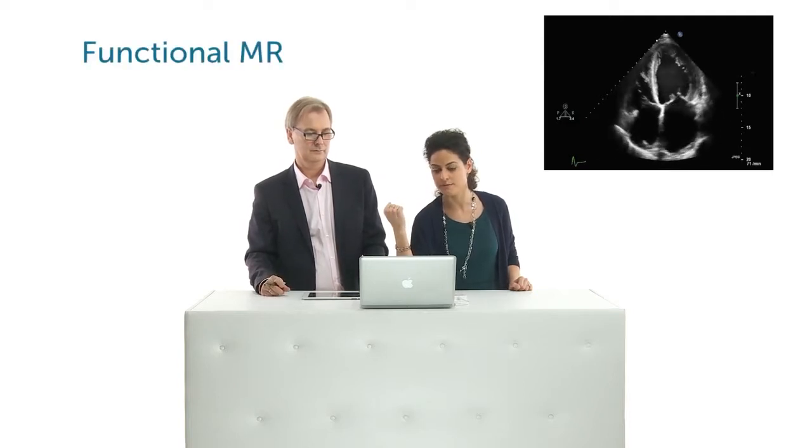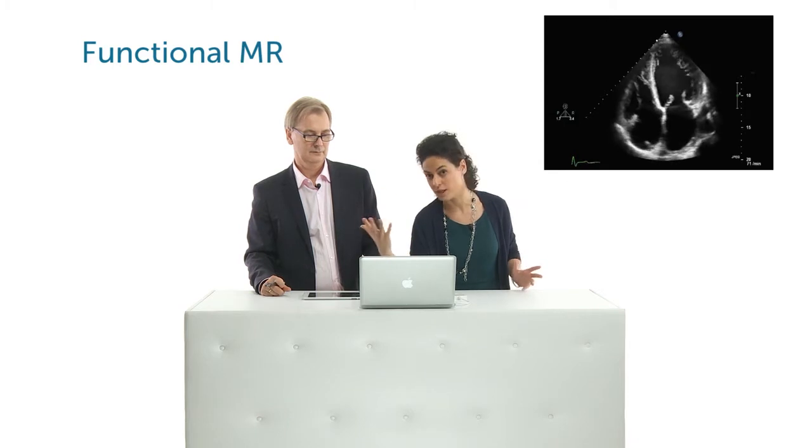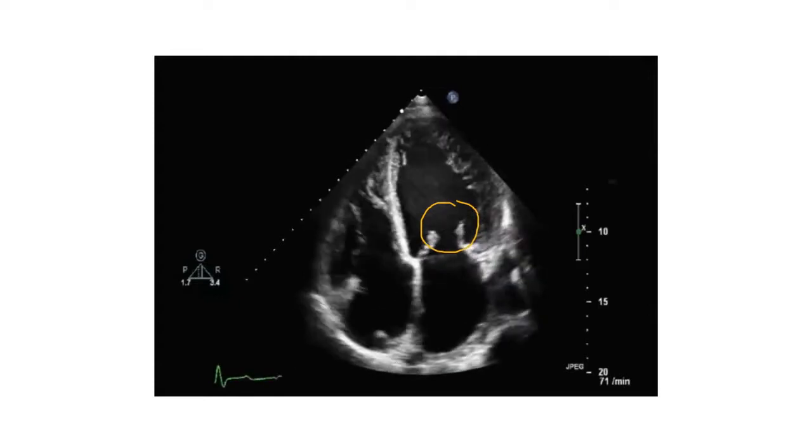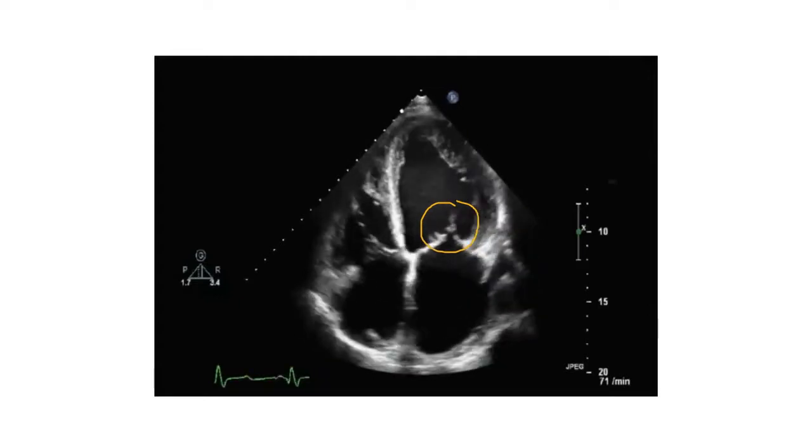And here is a really nice example again of a functional mitral valve regurgitation. We don't have the color Doppler, but we can easily assume that the jet would be really huge because the mitral leaflets are not coapting, and this is extremely related to the left ventricle remodeling.